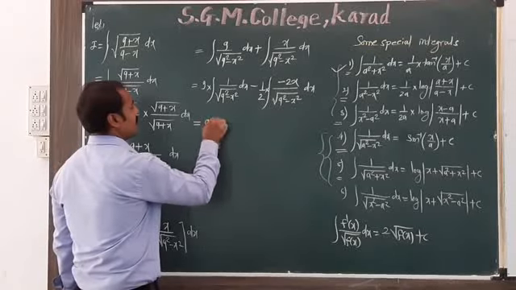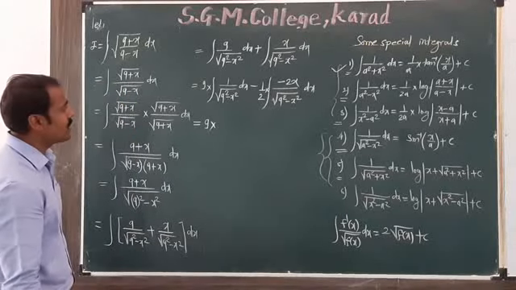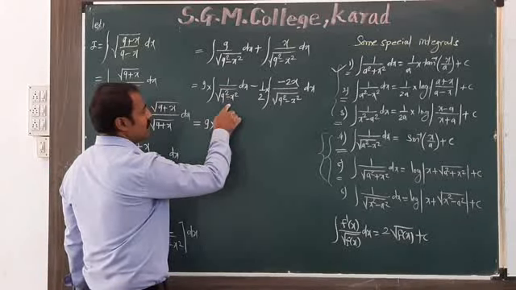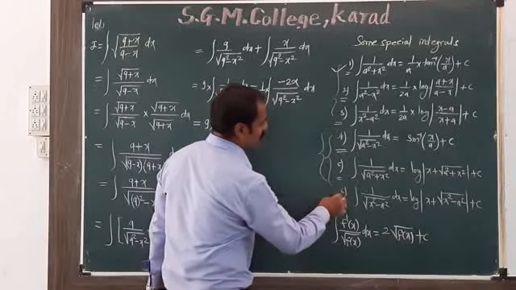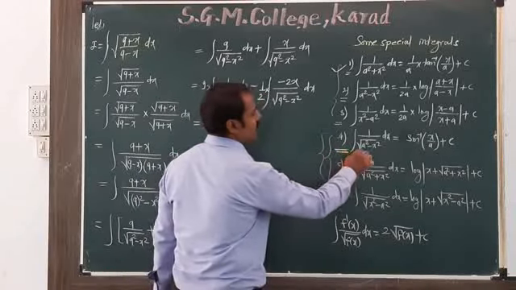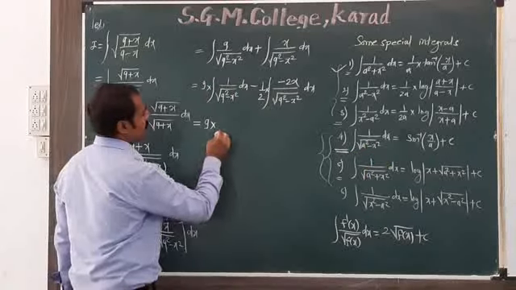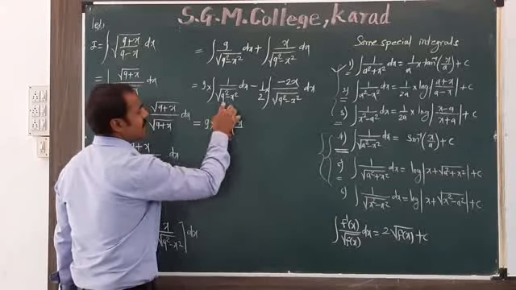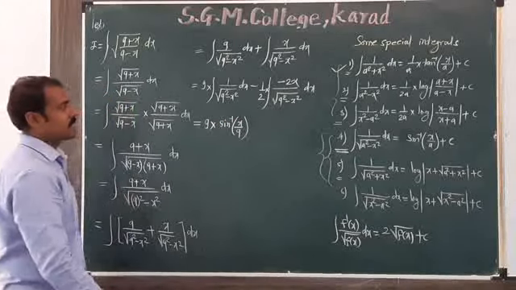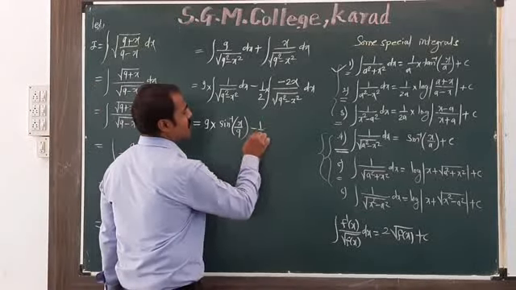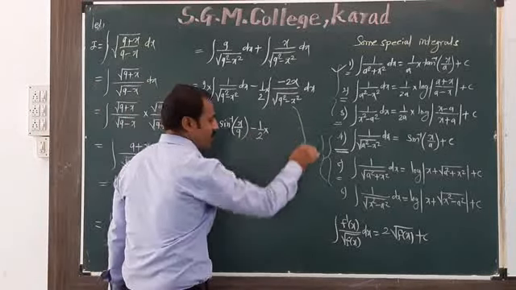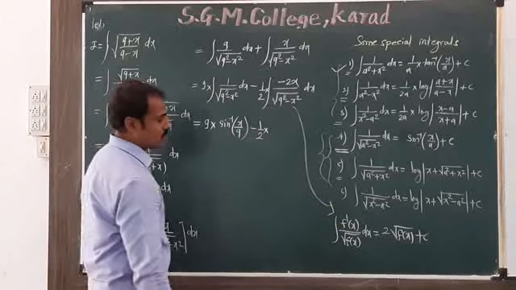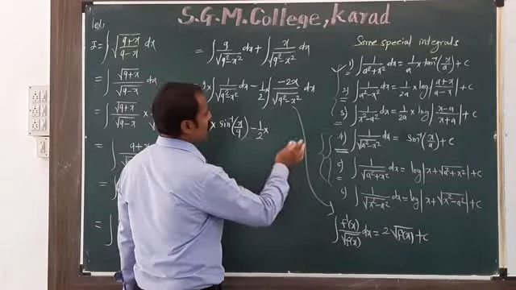So the integration's answer is 9 into, it looks like 1 upon root of a square minus x square. The formula is sine inverse of x upon a. What is x? x is x, and what is a? a is 9. So sine inverse x upon 9, minus 1 upon 2 into, we use this corollary here: integration of f dash of x divided by square root of f of x is 2 into root of f of x.